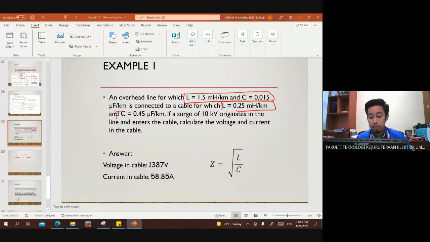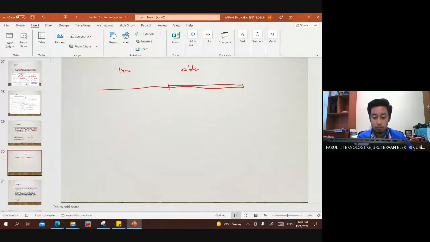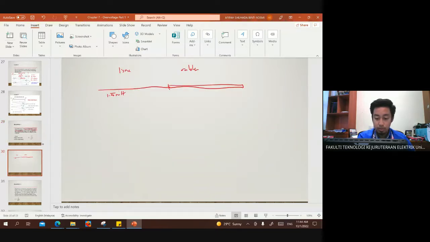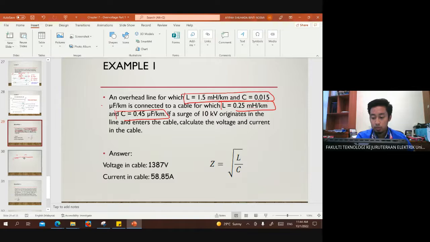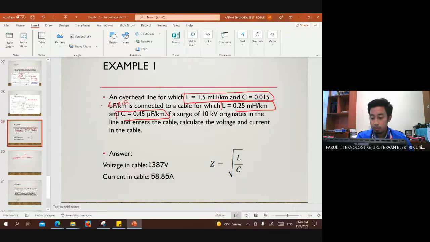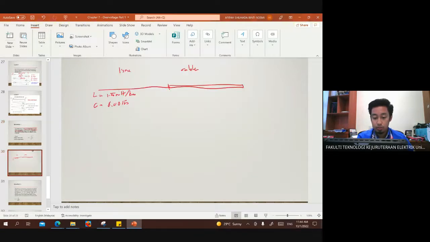Okay, just highlight what the main point here. The value of L is 1.5 millihenry per km, and then the value of C, 0.015 microfarad per kilometer. So how about the cable?